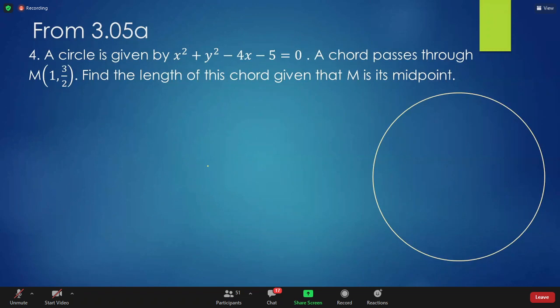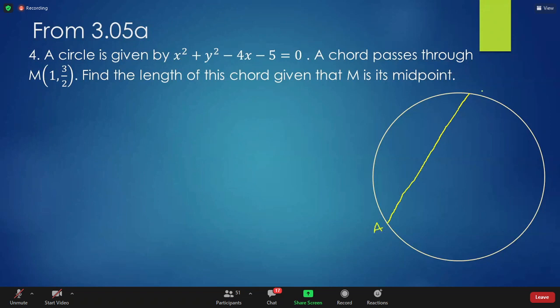Next, another one. A circle is given by an equation. A chord passes through the point M, and we know that M is the midpoint of this chord. So first of all, I will attempt to sketch something. I will sketch this chord. Okay, almost a straight line. This is the chord. Let's call it AB.